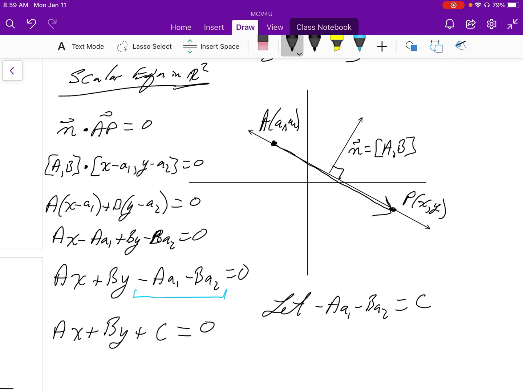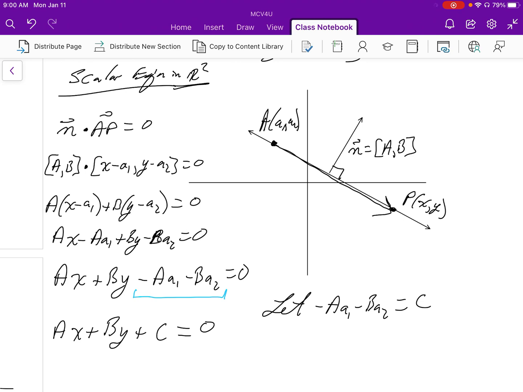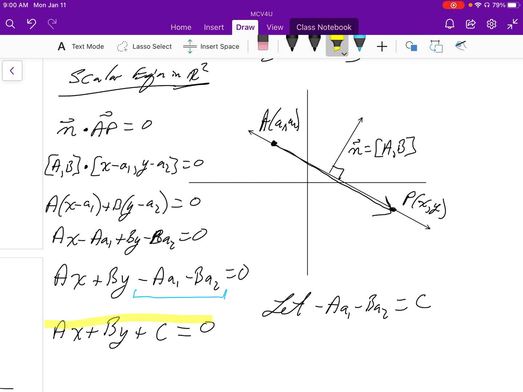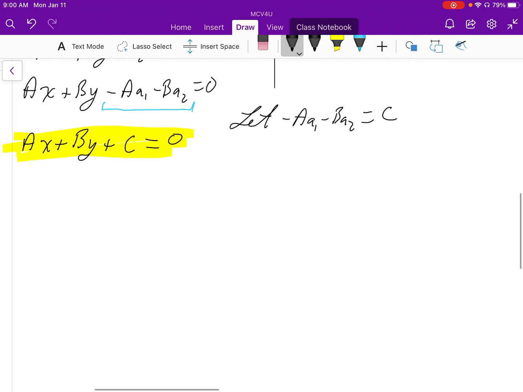This is the scalar equation of a line in 2 space, and it looks oddly familiar, the standard equation of a line that we learned in grade 9. The capital A and B are the normal vector. The C value completes the equation, making it true, so we just figure out what C is to make everything equal to 0.